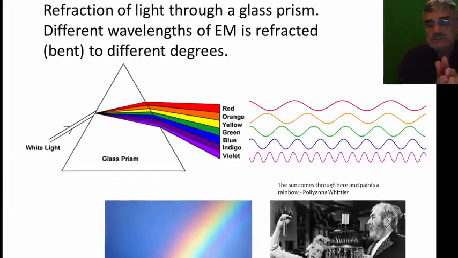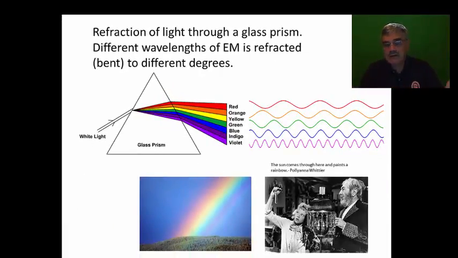So a prism spreads out light, revealing the colors of light, the spectrum of light. This is what fascinated Pollyanna.